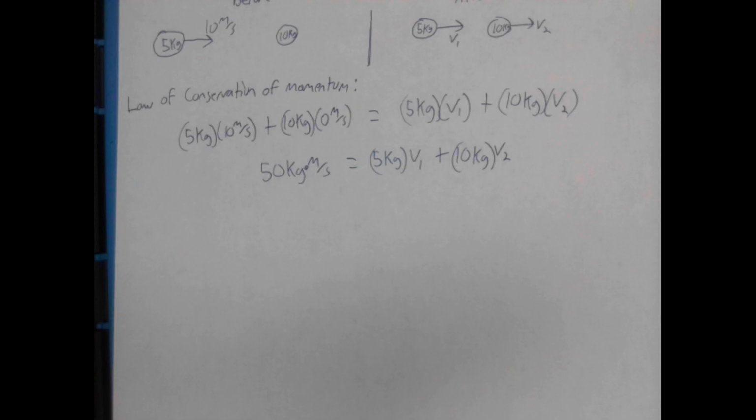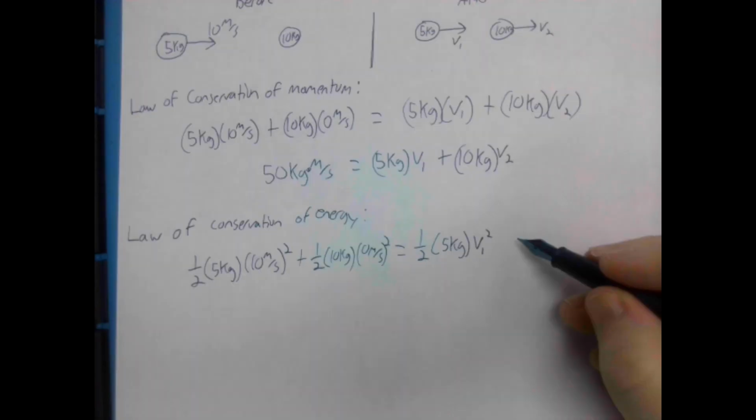So, law of conservation of energy: one half times 5 kilograms times 10 meters per second squared plus 1 half times 10 kilograms times 0 meters per second squared has to equal 1 half times 5 kilograms times v1 squared plus 1 half times 10 kilograms times velocity squared.